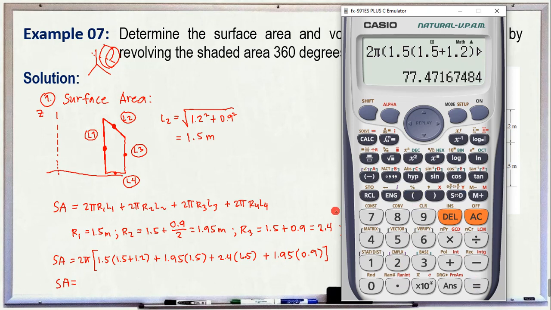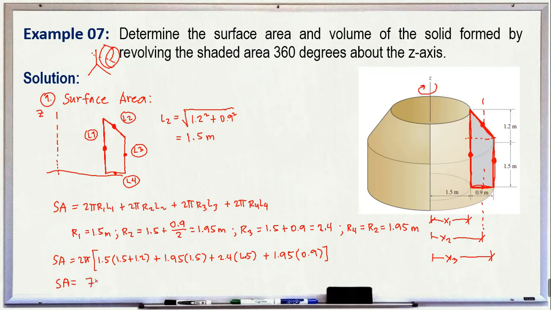Okay, the answer is 77.47 square meters. So this is the surface area that is being generated by this shaded area.